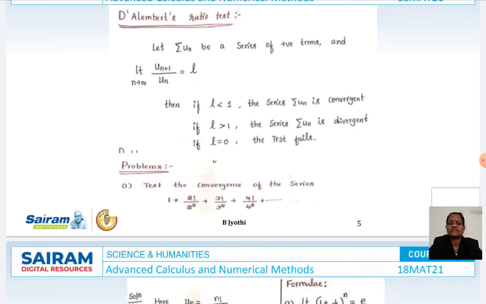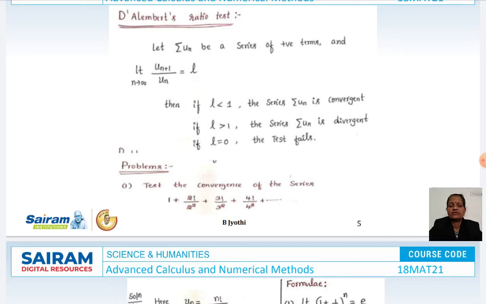D'Alembert's ratio test: if summation un is a series of positive terms and limit of un plus 1 by un is L as n tends to infinity, then if L is less than 1, the series is convergent. If L is greater than 1, the series is divergent. If L is 1, then the test fails.